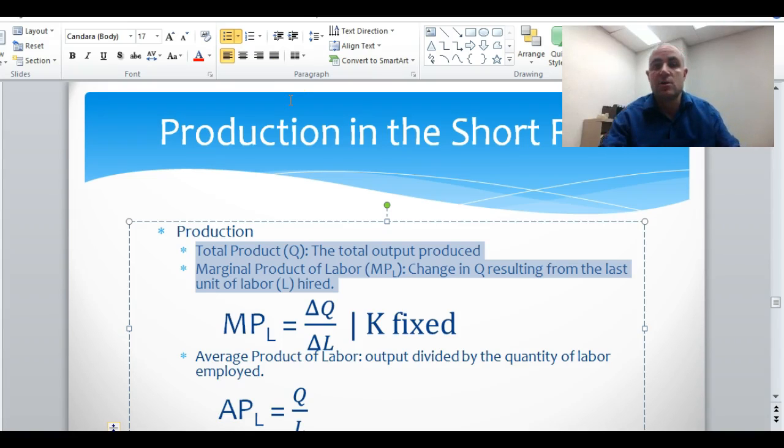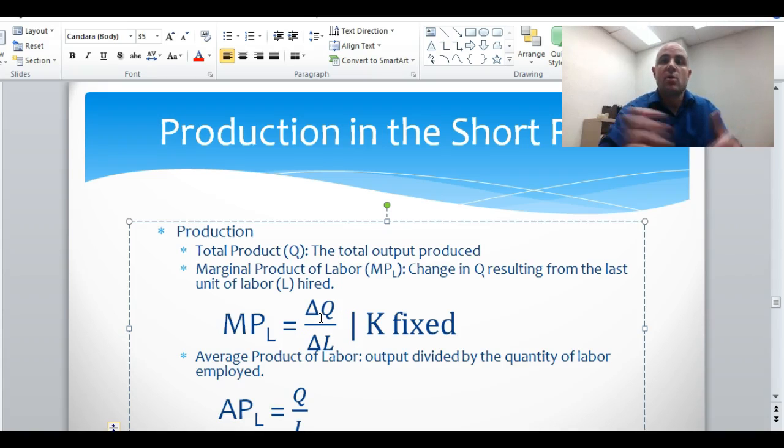Right. So here we have the marginal product of labor is the change in output divided by the change in labor, keeping capital fixed. The marginal product of labor is trying to pin down the additional output you get from an additional unit of labor. If capital was changing as well, the additional output could be from both, and so you couldn't really isolate it.